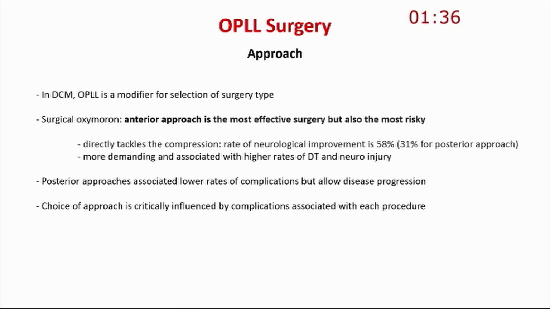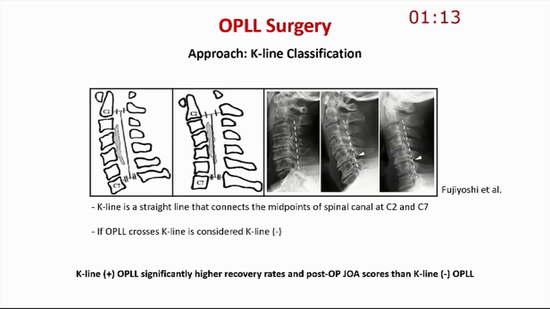In my experience and according to the literature, the anterior approach is most effective in tackling the problem because it addresses the compression, but it is also the most risky and the most demanding, with higher rates of dural tears and nerve injury. Posterior approach generally has a lower rate of complications, but disease progression. So the choice of approach is influenced by the complications of each procedure.